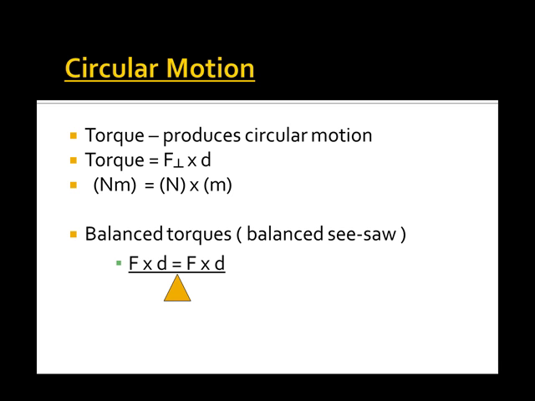If you have balanced torques, like if two people are sitting on a seesaw and it's not moving, that's called a balanced torque. It means that the force times the length of the lever arm on the left side has to be equal to the force times the length of the lever arm on the right side. We're going to look at some problems that have torques in them, so you'll have some practice with it.